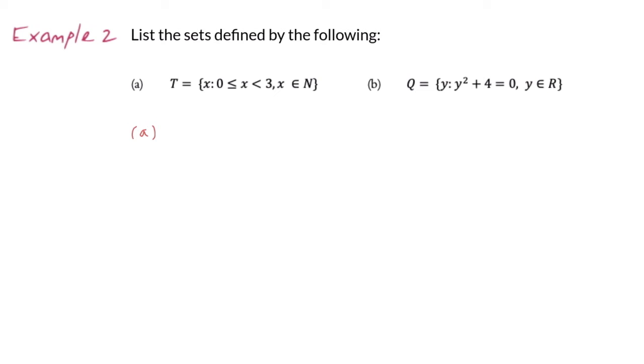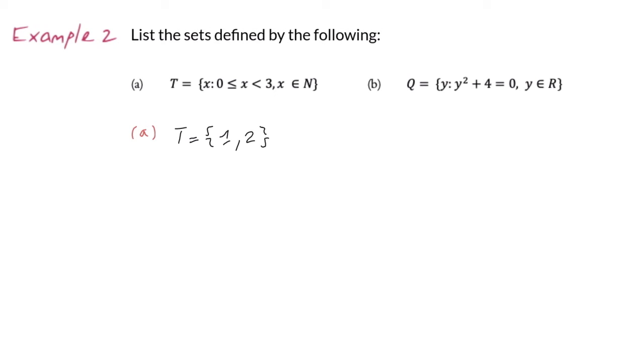So if we think about this carefully, what are the numbers that would be in that set? What are the elements of that set? Well, the only natural numbers which are greater than or equal to 0, but less than 3, would be, and if you can get the answer, you're doing well, 1 and 2. 0 is not a natural number, but 1 and 2 would be.